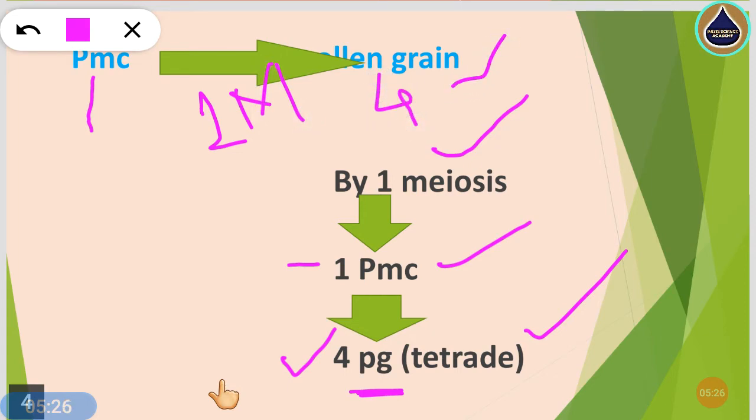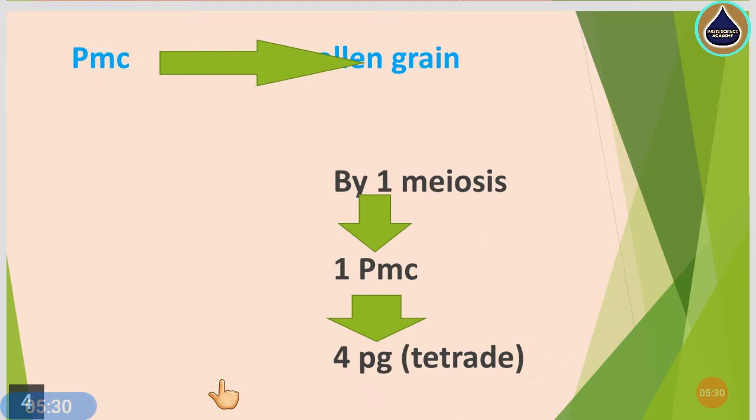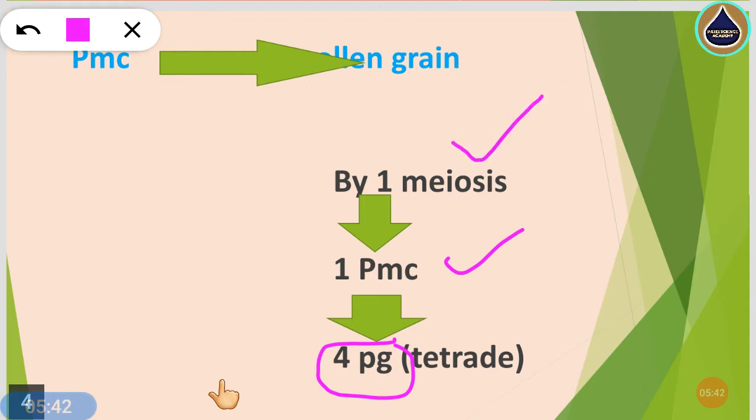This is the formula. So for the 4 pollen grains, one pollen mother cell, by one meiosis type of cell division, converts into a 4 pollen grain structure, which is called a tetrad.